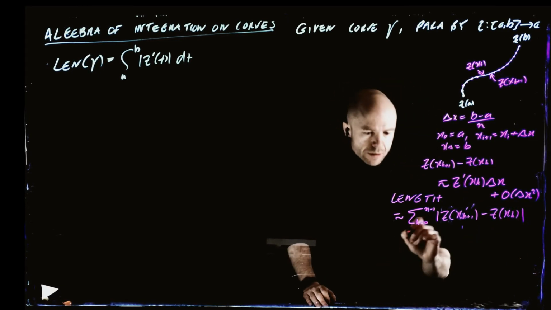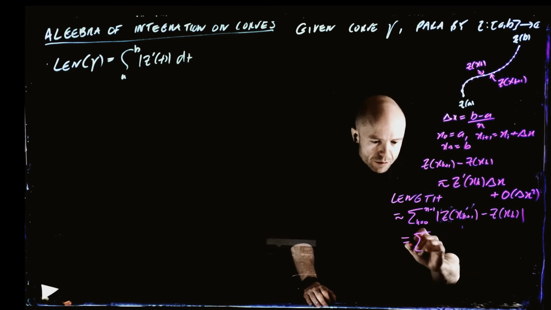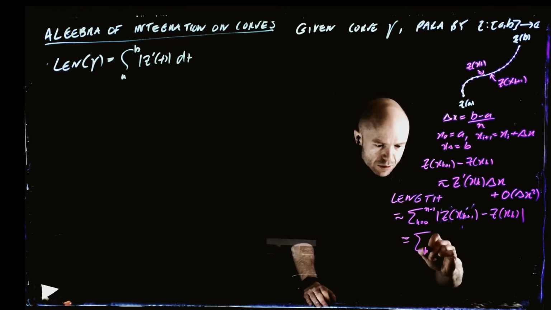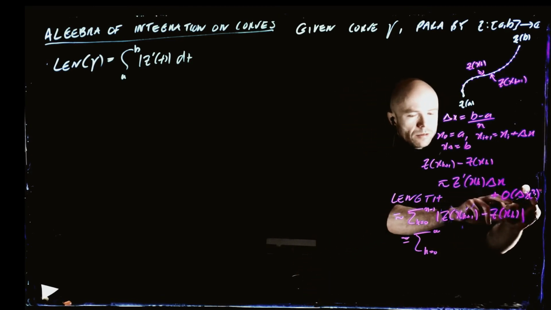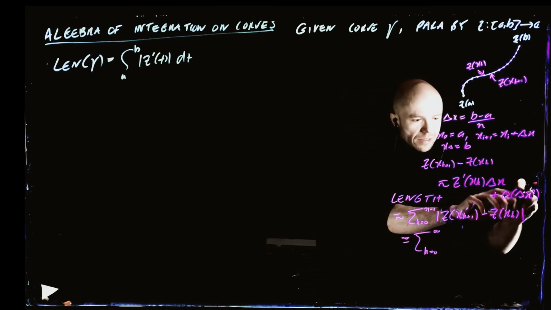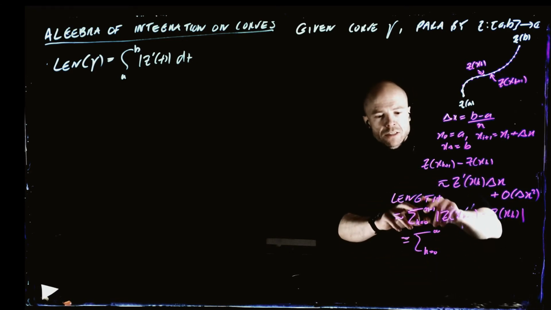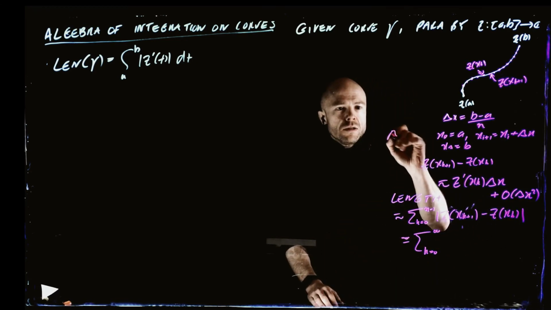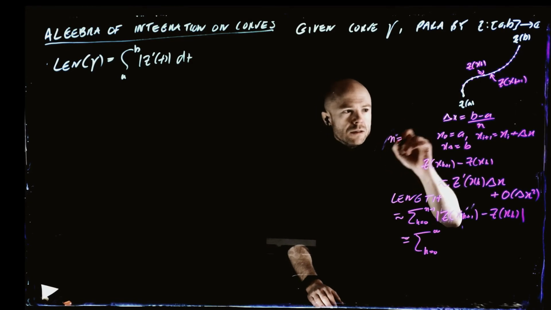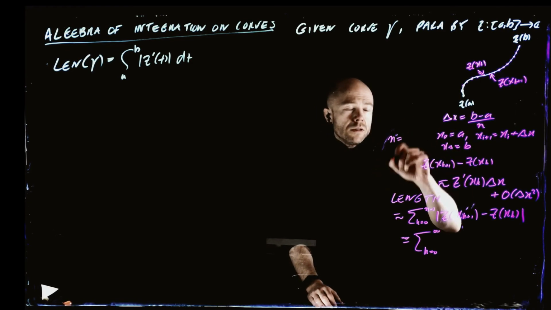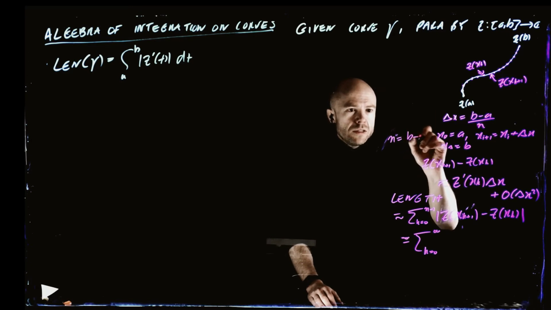And then this thing is really close to the sum, k equals 0 to n minus 1. The delta of x squared term will vanish because n is, we already have it here, b minus a over delta of x.